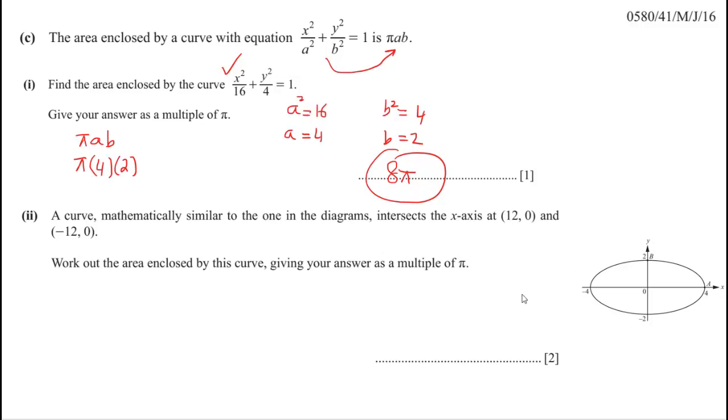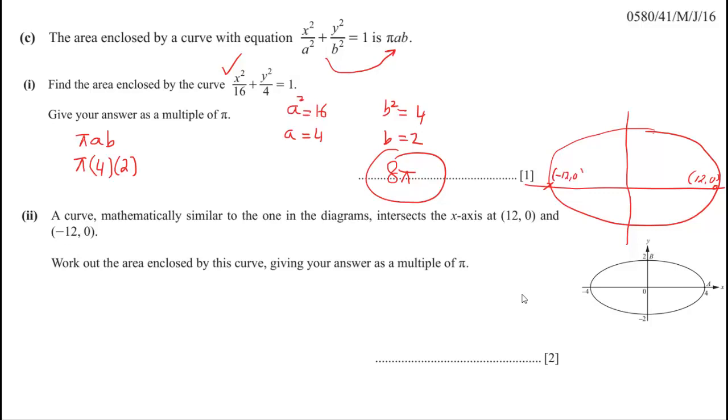So let me draw that. That is a little bit bigger than this. This is another similar diagram where this coordinate is 12,0 and this coordinate is minus 12,0.